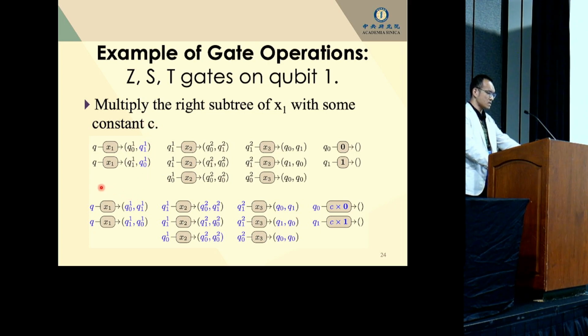What I'm doing is I just make a copy, the blue one. This is a copy of the original thing, and then multiply it with the constant C, and then glue it: for all states labeled with X1, I just make a jump on the right, jump to the blue version. Here, it looks inefficient because I need to double the number of transitions. But actually, I can reduce the automata size by a simulation-based minimization algorithm because these two trees share a lot of similarity in structure.